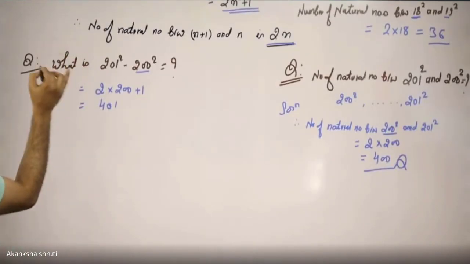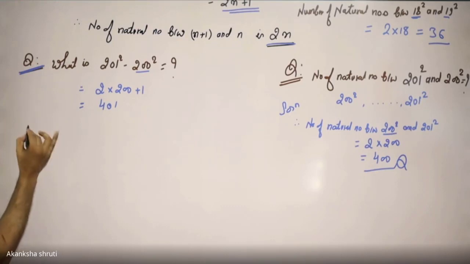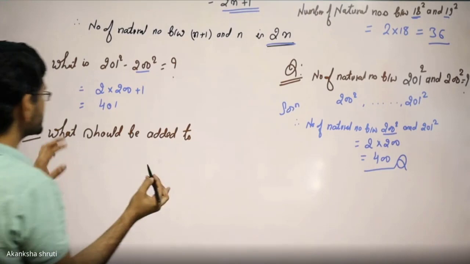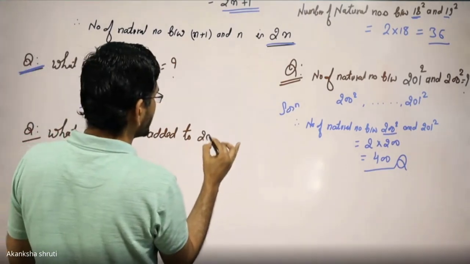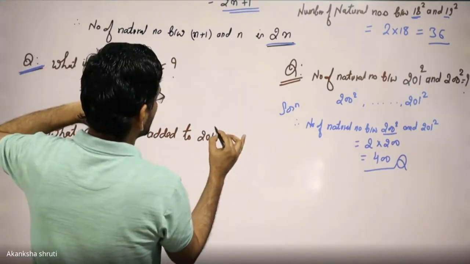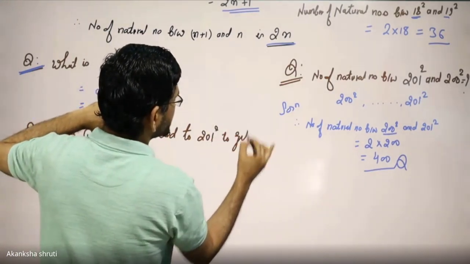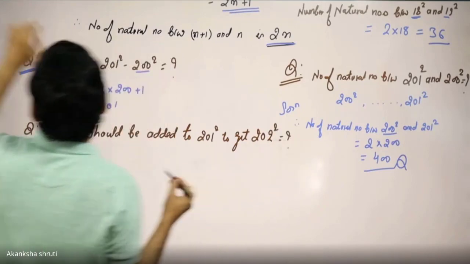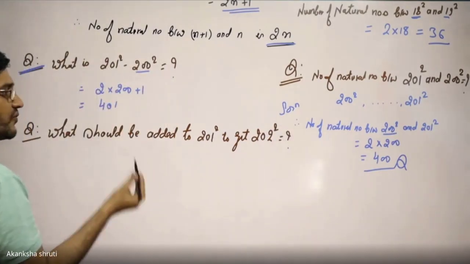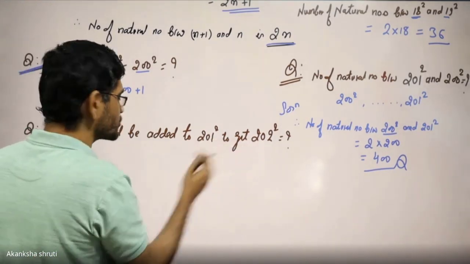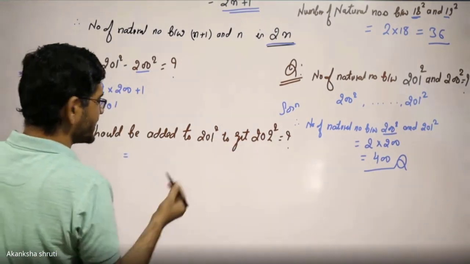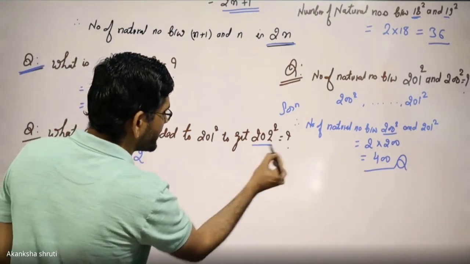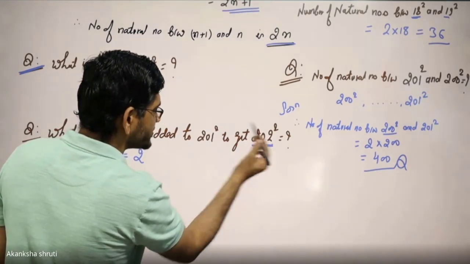Students, the same question may be asked in another form. What should be added to 201 square to get 202 square? This is the question. Students, again remember that for adding, the difference between these two we have to add. That is obtained by considering twice multiplied by the smaller number among these two. One is 202, the bigger number.